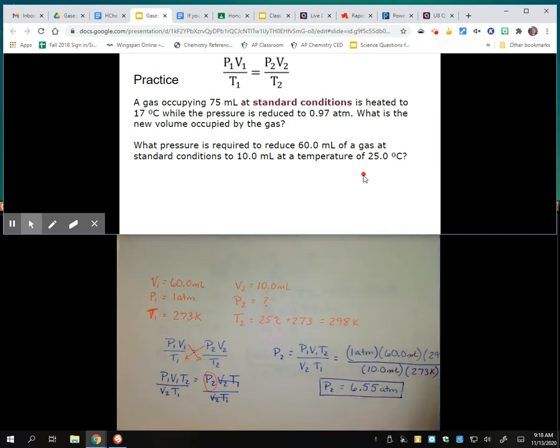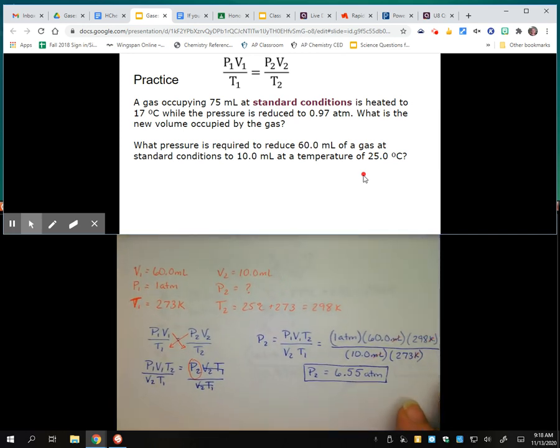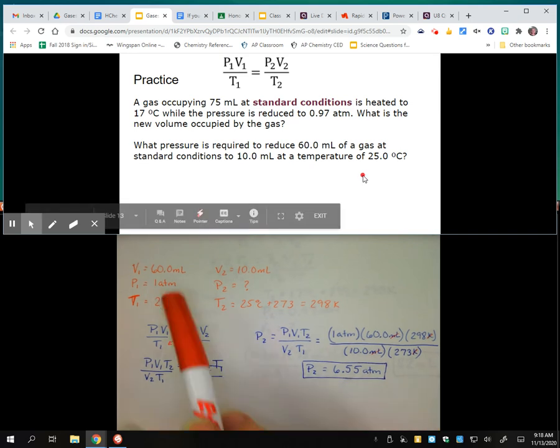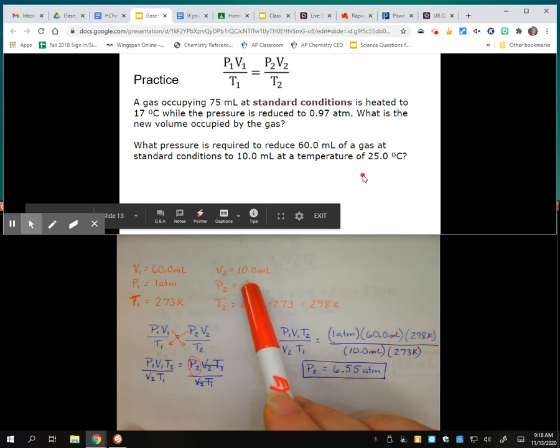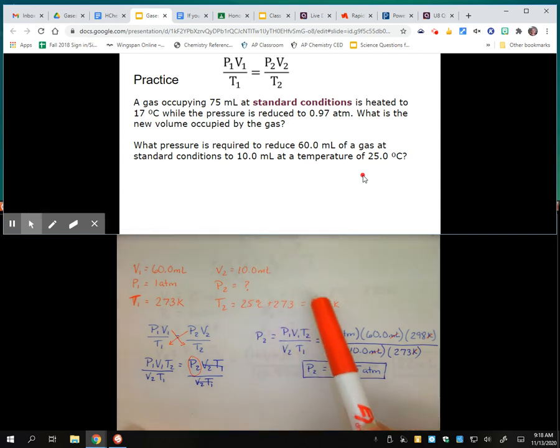And so here is what I did here. So it's 60 milliliters under standard conditions. And we want to know what the pressure is when the volume is 10 milliliters and the temperature is 25 degrees C. We rearrange our equation, and then we need to solve for P2.